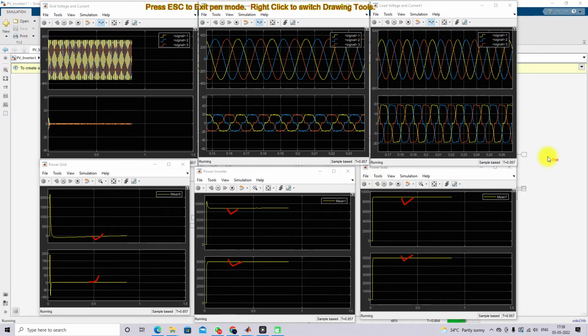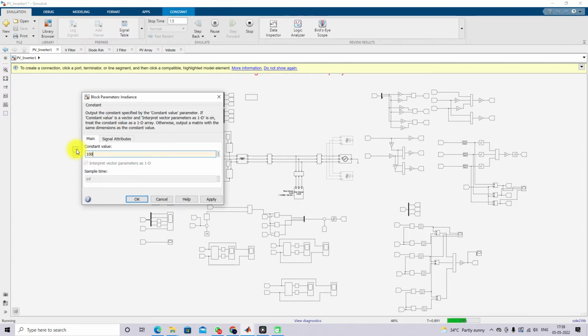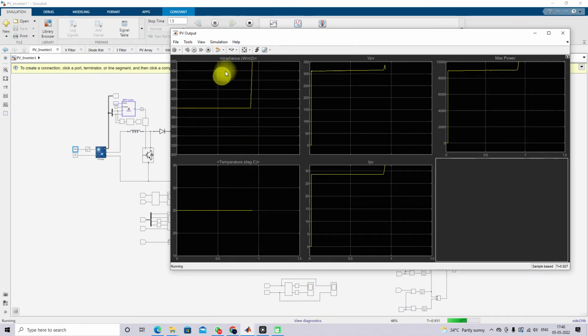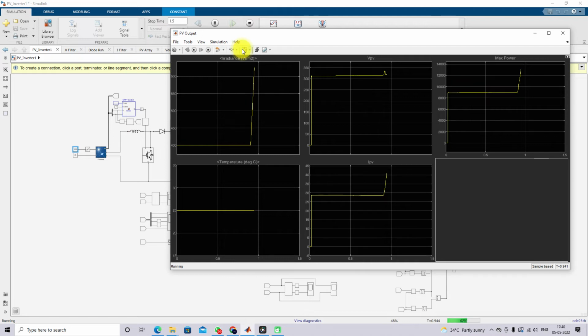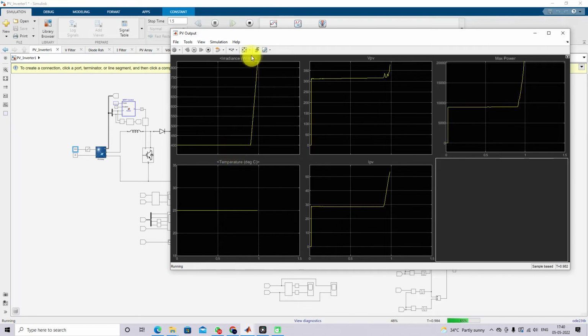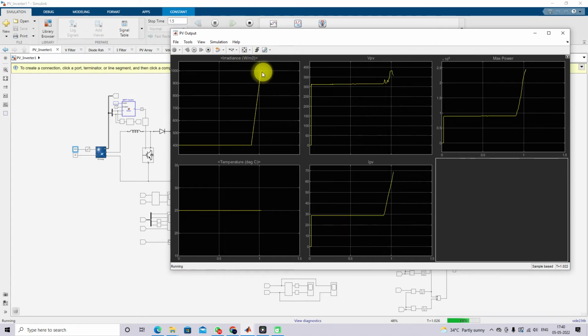Okay, so now I'm going to change the irradiation to 1000 watts per meter square. So we will check the PV power. Now you can see that the irradiation changed from 400 to 1000, and because of this change the PV power also changed from nearly 9500 watts to nearly 2.6 kilowatts.